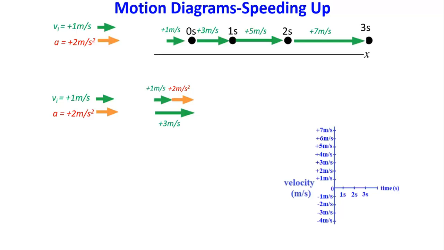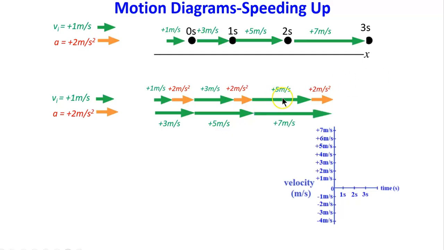Then starting with that 3 meters per second, that acceleration vector is going to add again and create a new velocity vector of positive 5 meters per second. Positive 5 meters per second is your new velocity vector. You're going to add another positive 2 meters per second for every second to that to become positive 7 meters per second.